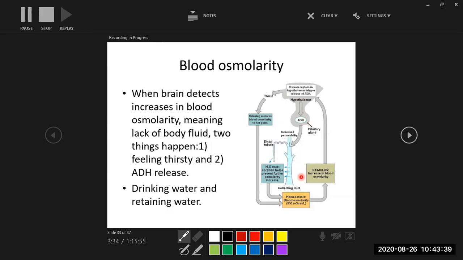You go to the store, you get sugar water, you get beer, you get something, but not pure water. And when you drink that, you actually didn't really help, because you are taking another thick fluid into your body and you actually didn't reduce the osmolarity in the blood.